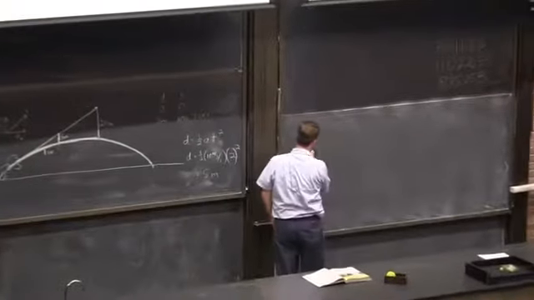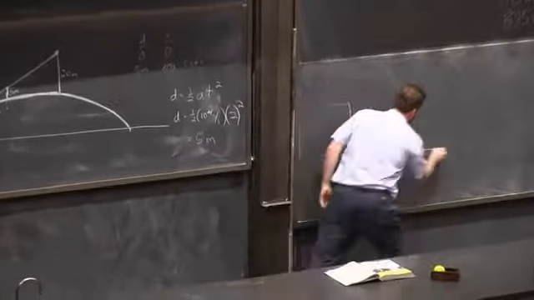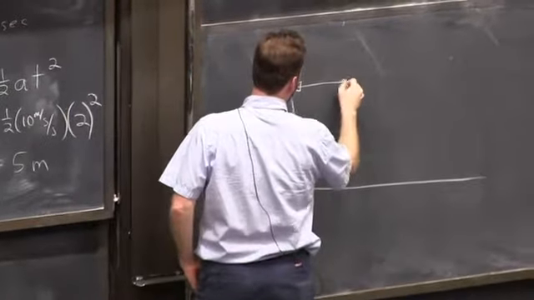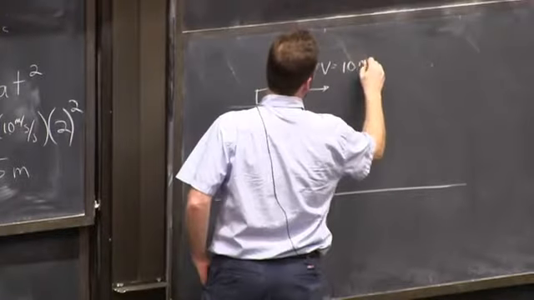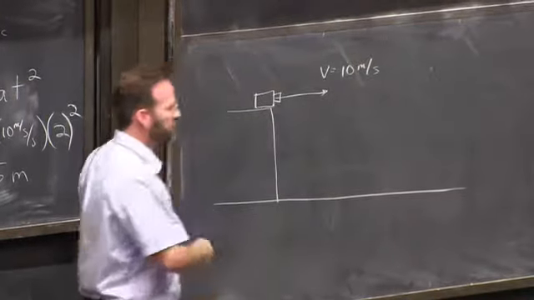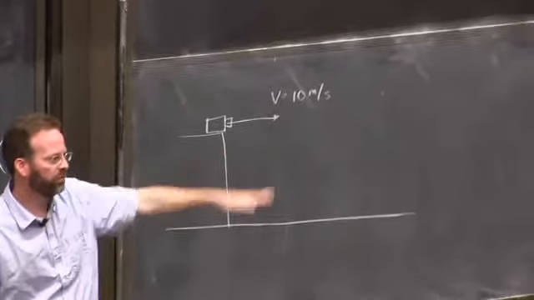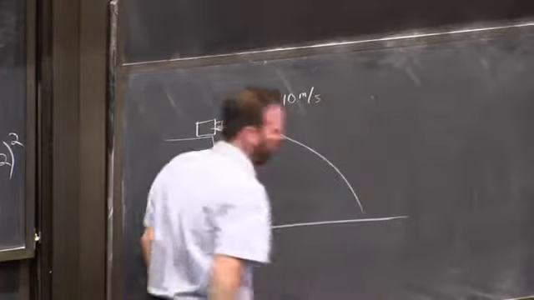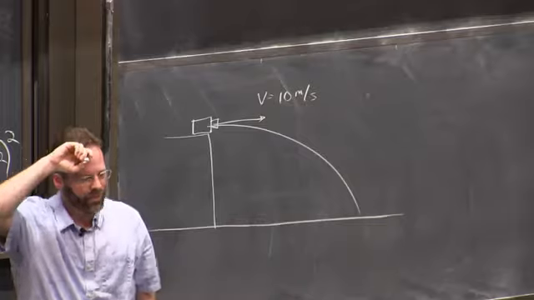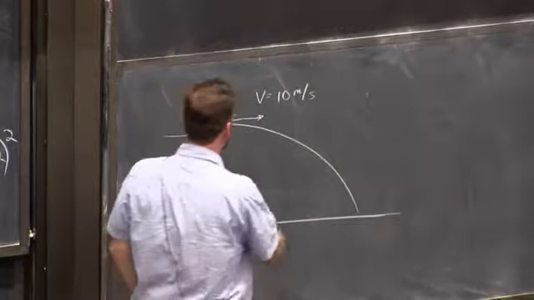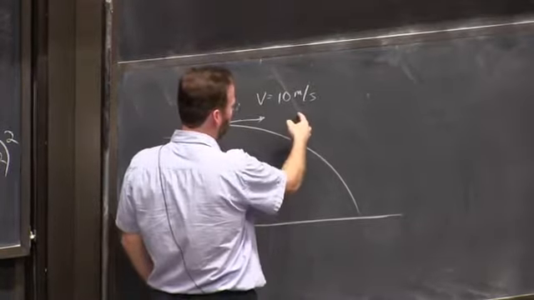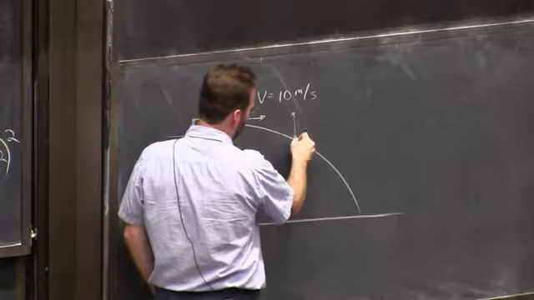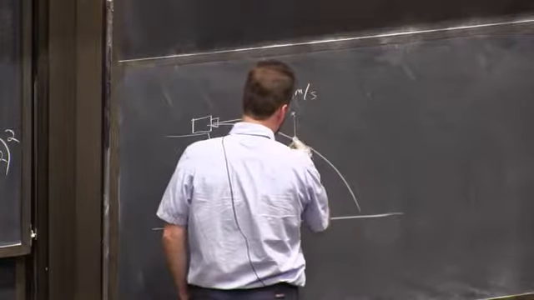Let's draw a picture. It's like you shoot something out of here at 10 meters per second. So initially all of its speed is horizontal. Which way will it go? It'll drop down, right? 1 second later, without gravity it might be here, and then it falls. So let's say 1 second later it's over here, ish.